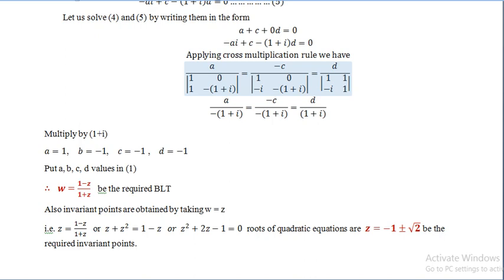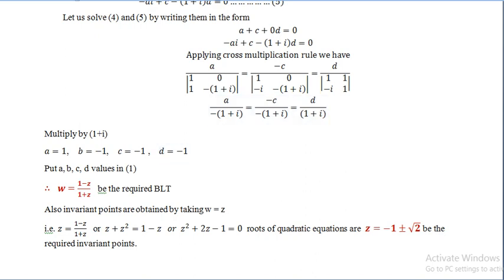And d divided by 1 into 1, minus i into 1 is minus i, but when multiplying in this direction the sign is always negative, so minus 1 into minus sign becomes plus. If you observe the denominator terms, the common term is 1 plus i in each. So multiplying by 1 plus i, the 1 plus i cancels out in the denominator.